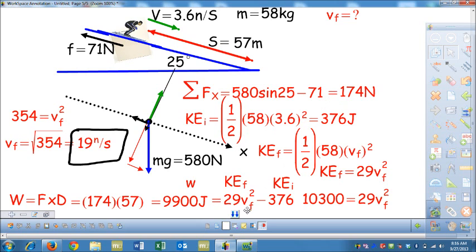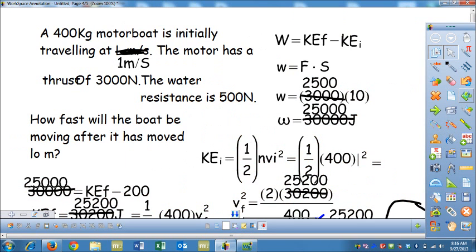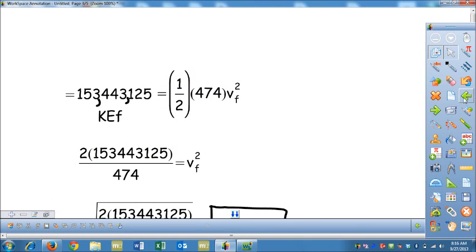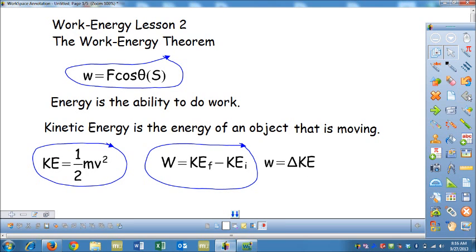Well, that's enough. Hopefully you got an idea of the work energy theorem. Let me see if I can go back to it in the very beginning. Okay, here it is, the work energy theorem right here. Work equals kinetic energy final minus kinetic energy initial.